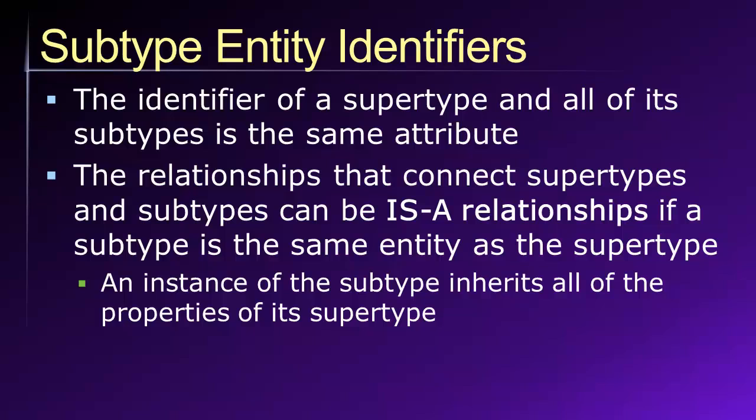These are is-a relationships. Remember that in these types of relationships, in entity relationship modeling, the subtype will inherit all of the attributes, or all of the properties of its supertype. Let's see some graphical examples which will hopefully make these concepts easy to understand.